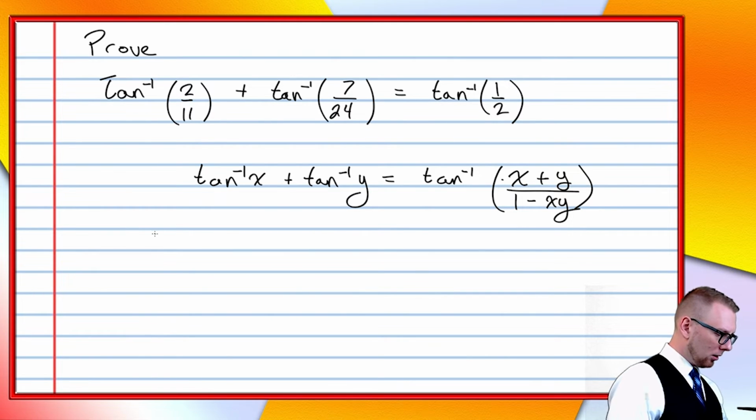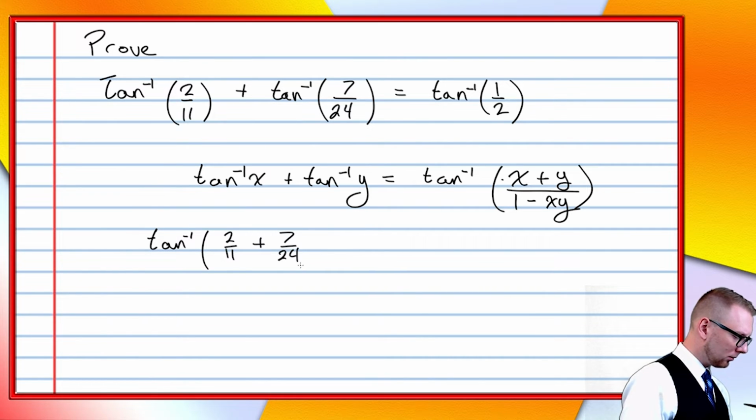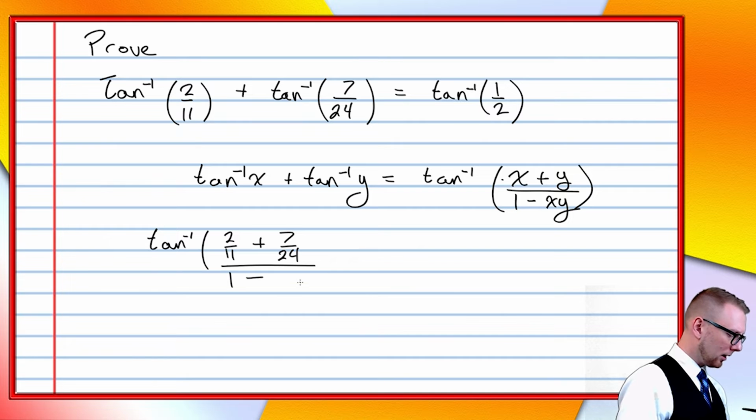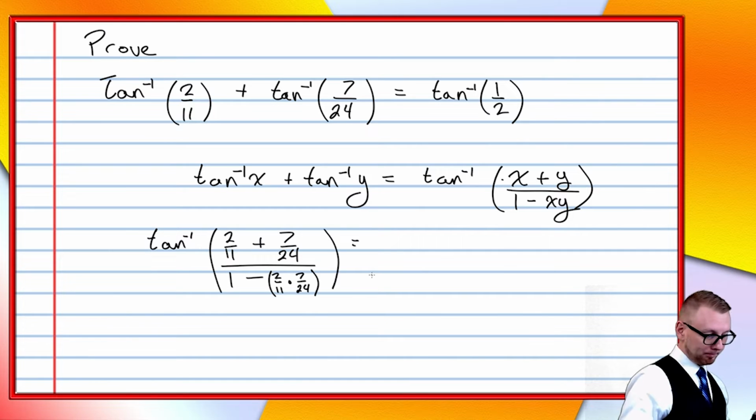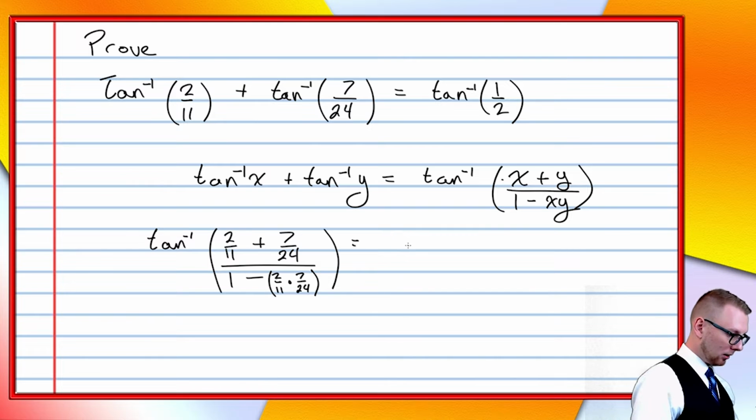All right, so that would be tan inverse of x plus y, so 2 over 11 plus 7 over 24, over 1 minus 2 over 11 times 7 over 24. We're going to need some common denominators here, so let's start writing things down.